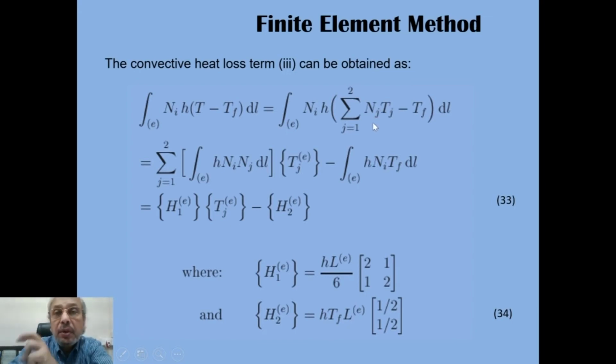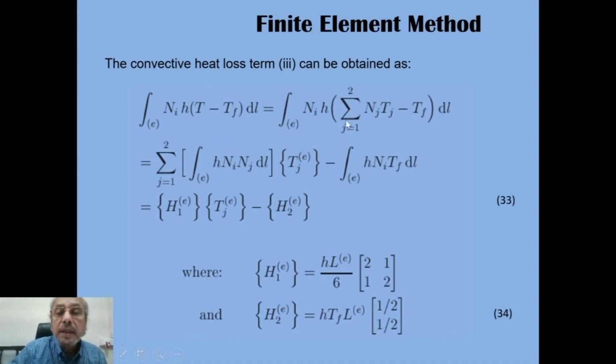The triangular elements falling on the boundary are line segments having 2 points, so obviously 2 shape factors and the associated column vector for the temperature. So it is the summation of Nj Tj, j equal to 1 to 2, minus Tf. Now we perform this integral in this manner, with j equal to 1 to 2.